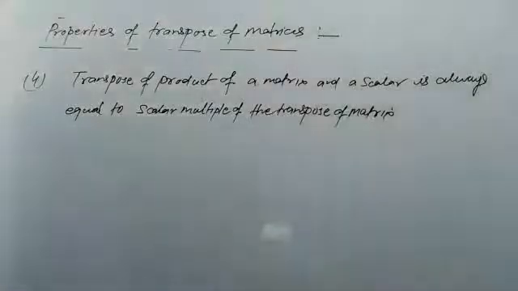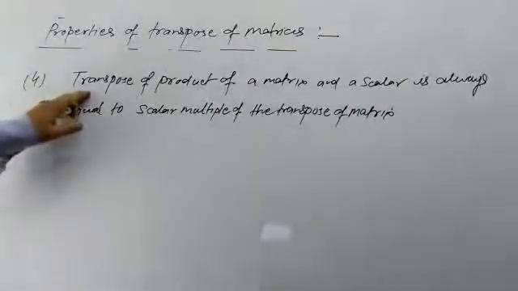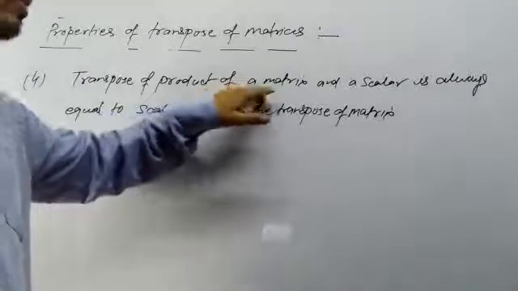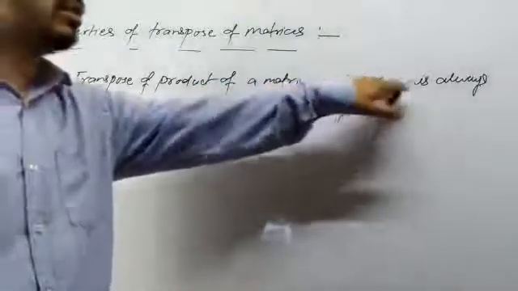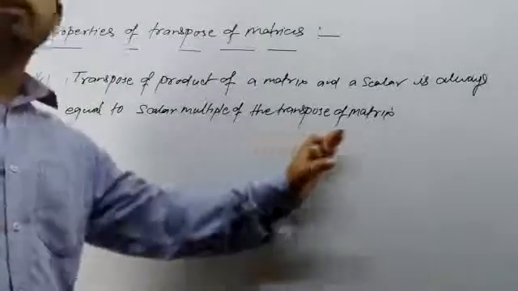Now students, come to the fourth property. The transpose of the product of a matrix and a scalar is always equal to the scalar multiple of the transpose of the matrix.